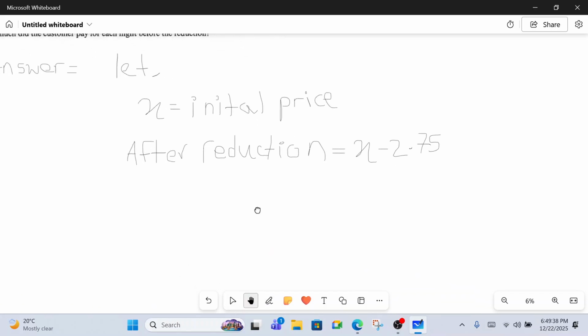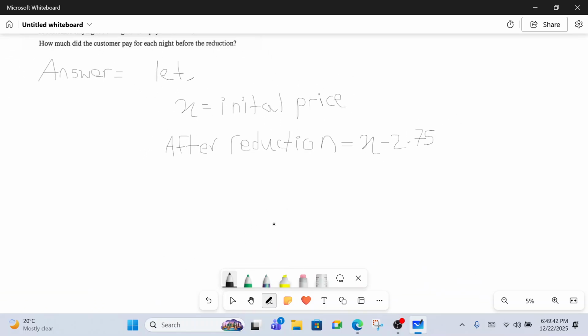Okay, so for a total of 6 nights, the total equals 46, sorry, it doesn't look like 6, clearly 4, 6 nights equals 6. It's basically we're multiplying this.